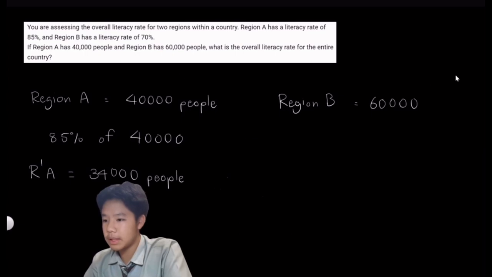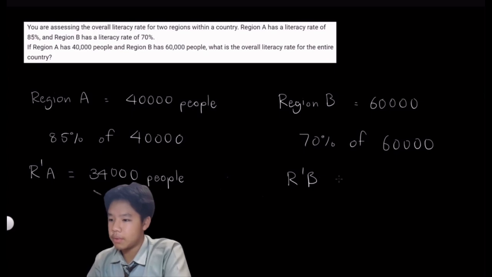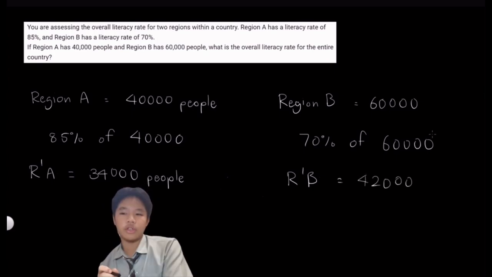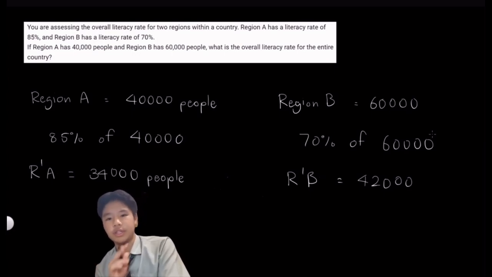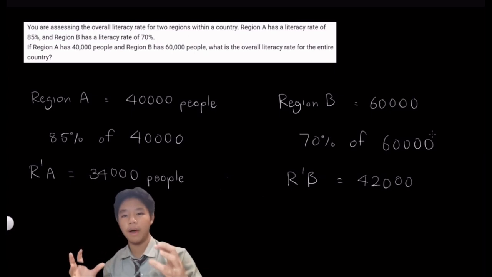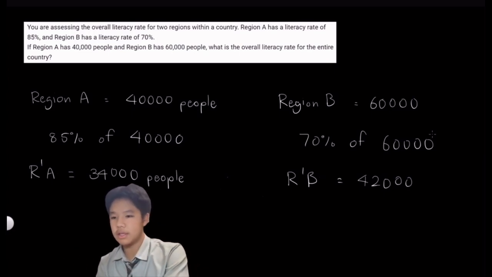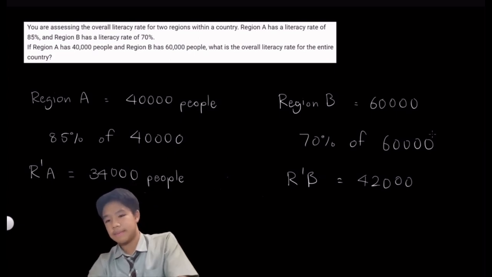Back on topic, we say 70% of 60,000. So Region B is equal to 42,000 people. The instructions do say that Region A and Region B are the two regions of the country, so we're going to have to combine the two numbers of the different regions' literacy rates.